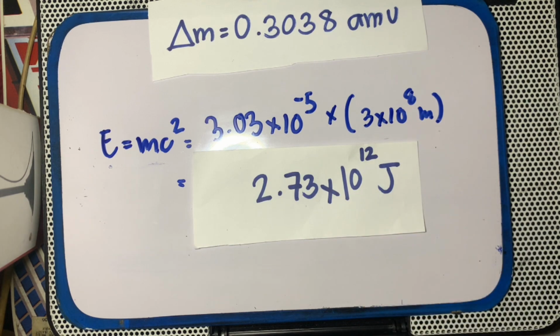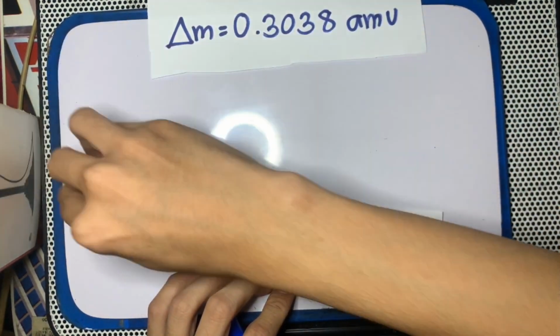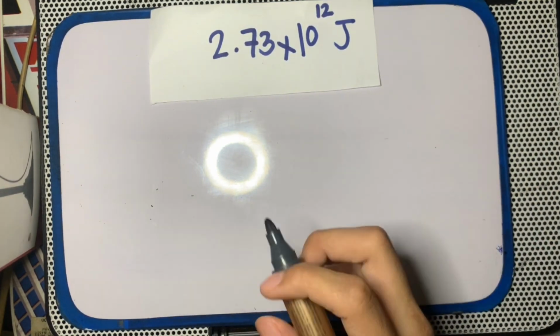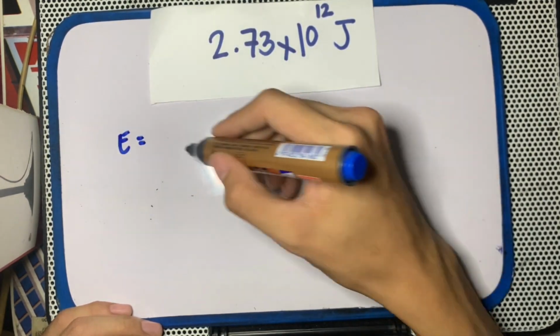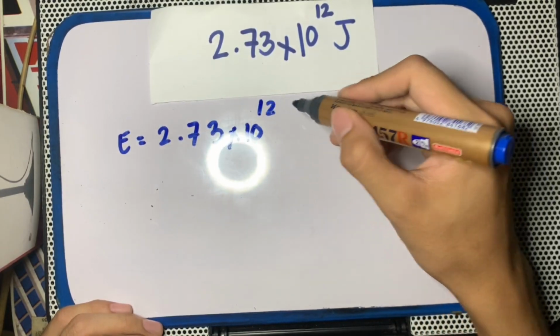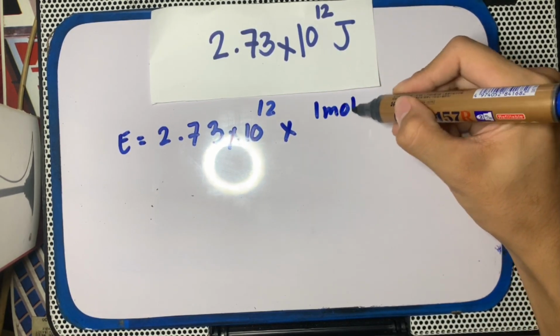Okay, next, proceed. The binding energy for a single nucleus is computed for the molar binding energy using Avogadro numbers. So, let's proceed using Avogadro numbers. E energy is equal to 2.73 times 10 raised to 12 times our Avogadro number.